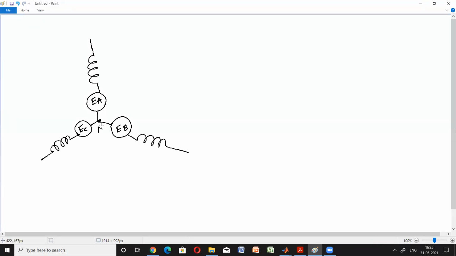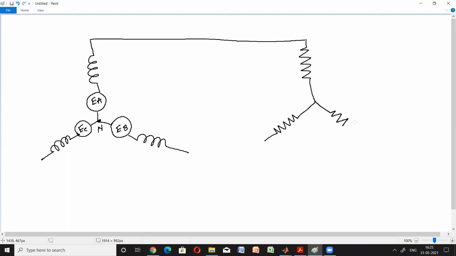This point is neutral, and I am connecting this source with a star connected or Y connected resistive load, like this.